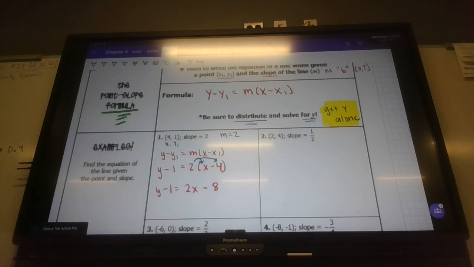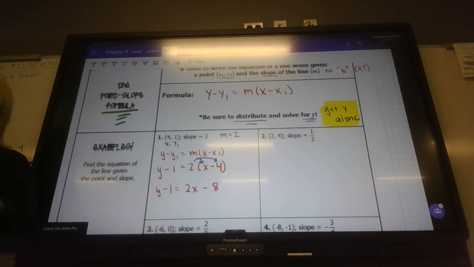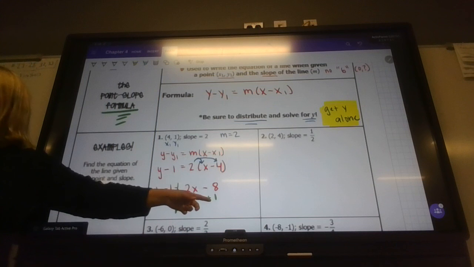Did you distribute yet, Brian? Did you just write this line down right here? Yep, I'm going to add it to cancel it. And I line it up underneath the 8 because those are the two constants.